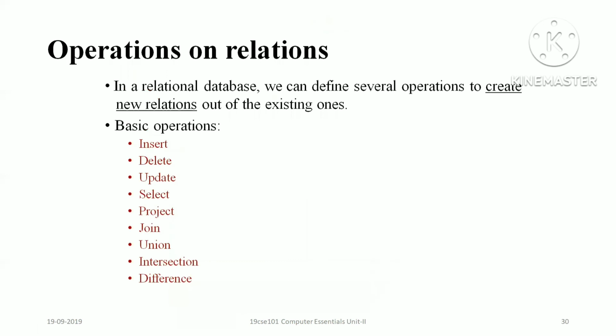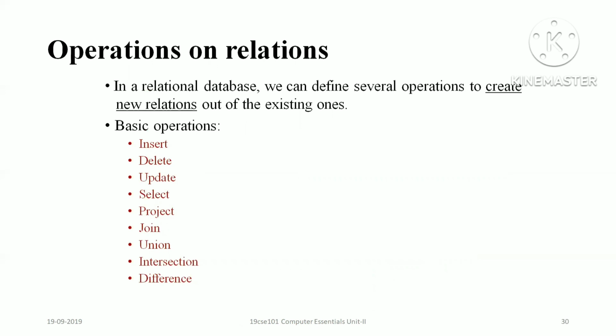Clear? Now let's talk about the operations on a relation. Today will be the last video of this DBMS lecture. Next we'll see how to make a table practically and how to insert into a table. It will be so interesting.